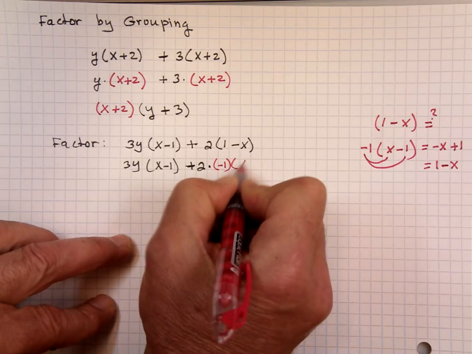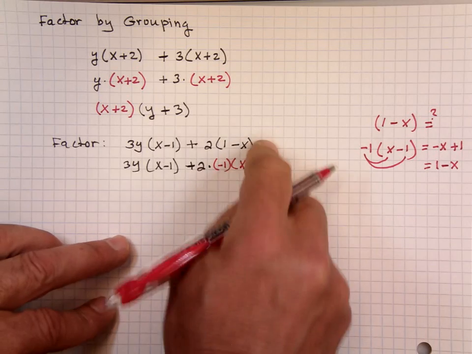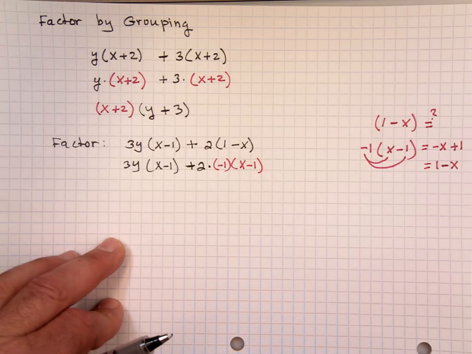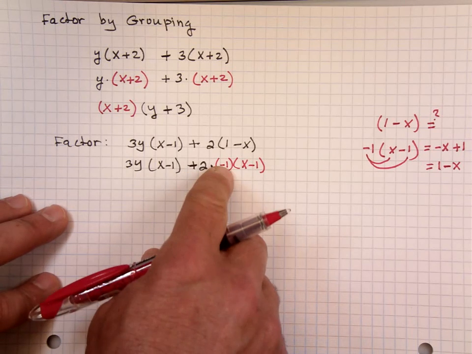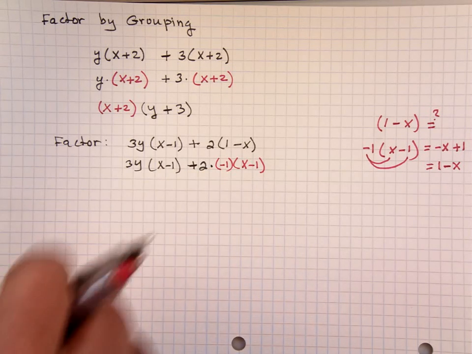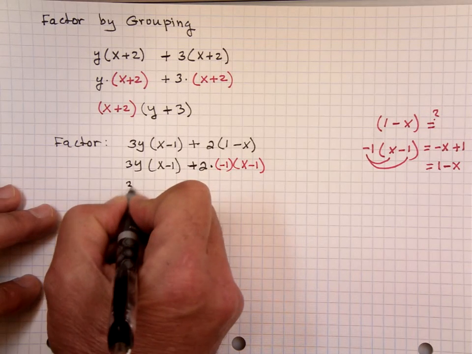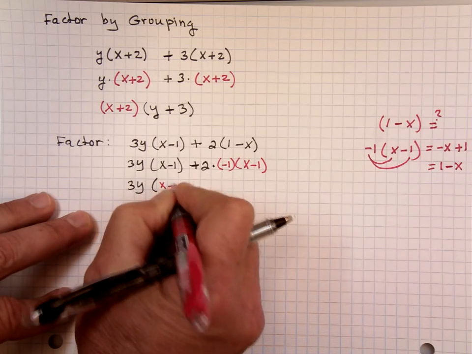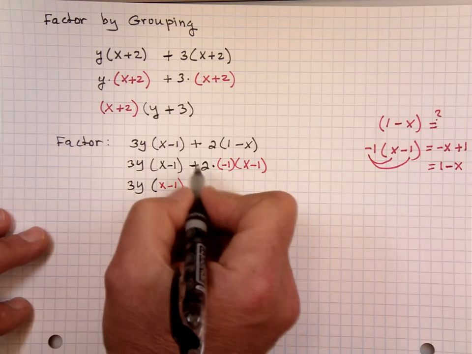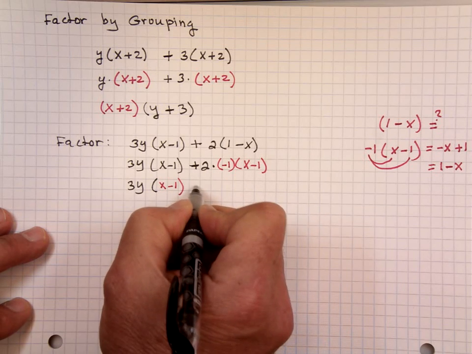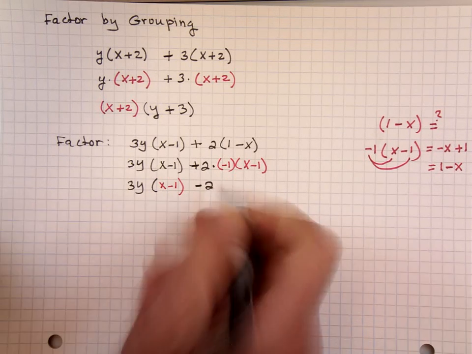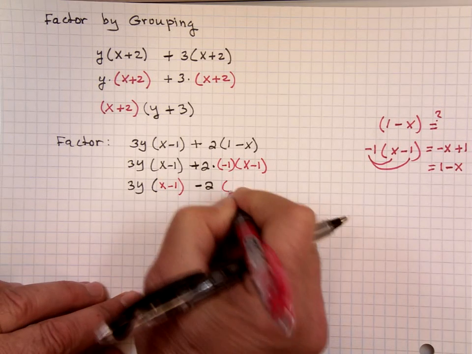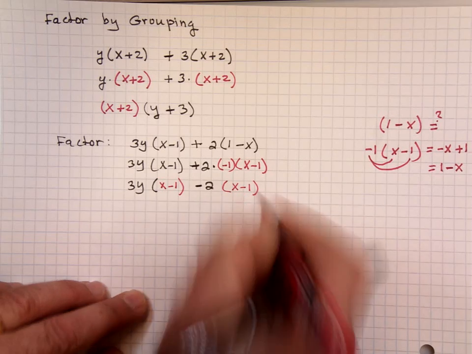That's what 1 minus x is equal to. And what is plus 2 times a minus 1? So I can actually write that 3y times x minus 1 plus 2 times a minus 1, that becomes a negative 2 times x minus 1. So 2 times a minus 1 is negative 2.